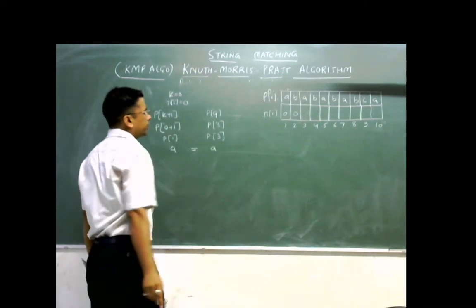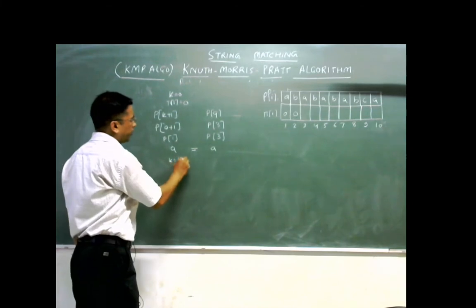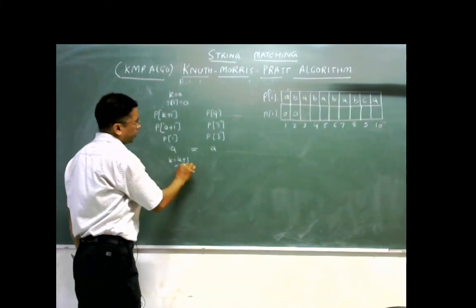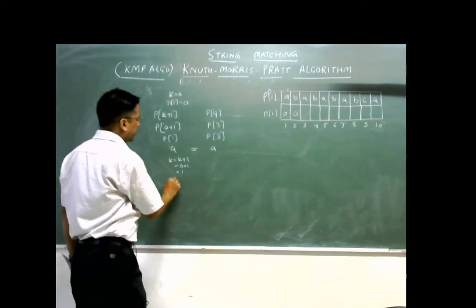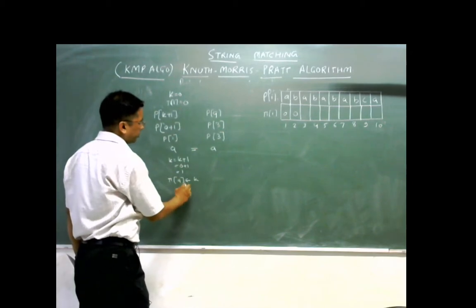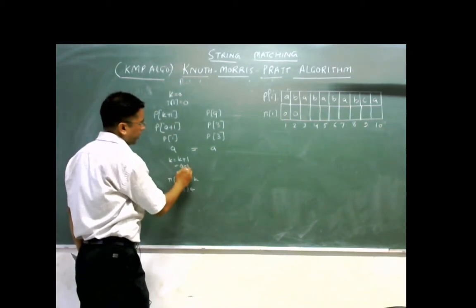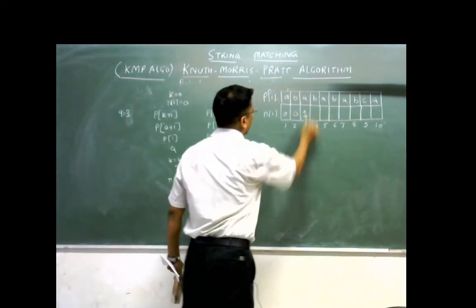They are equal. When they are equal, k is equal to k plus 1. Means 0 plus 1, 1. Right? After that, what do we do? We assign the value k, the new value, at the position pi q. So pi of 3 would be equal to k. K's value will become 1. So we shall assign the value 1 here.